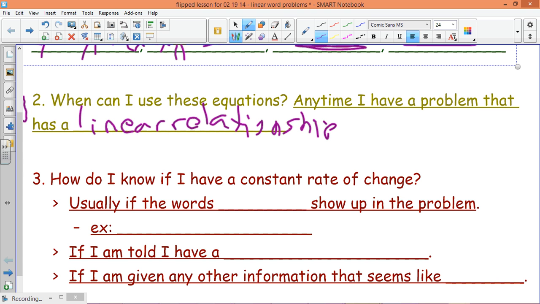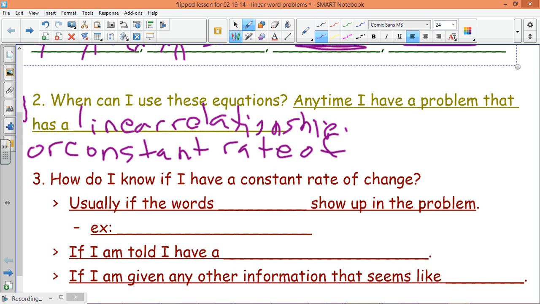You probably don't have room for it, but we're going to find room, okay? It has a linear relationship. This is another way of saying has a constant rate of change. Okay, these are the times that we are allowed to use these formulas.